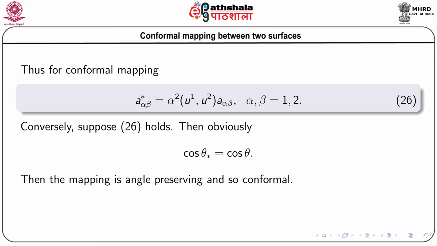If the value of alpha equals 1, then this will be the isometric mapping. That is why isometric mapping also preserves the length as well as the angle.